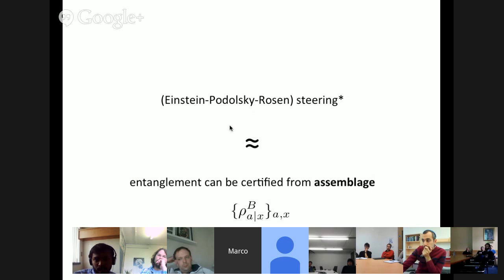So in the same way that Bell locality allows certification of entanglement in a fully device independent way based only on conditional probabilities, steering allows the certification of entanglement looking only at the assemblage. So it means this collection of various ensembles for Bob's reduced state, one ensemble per choice of measurement, that means per value of X.